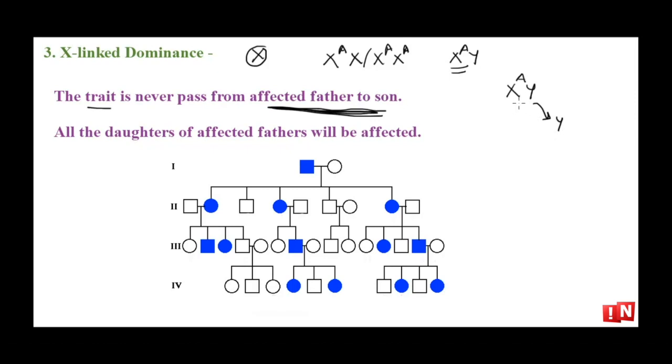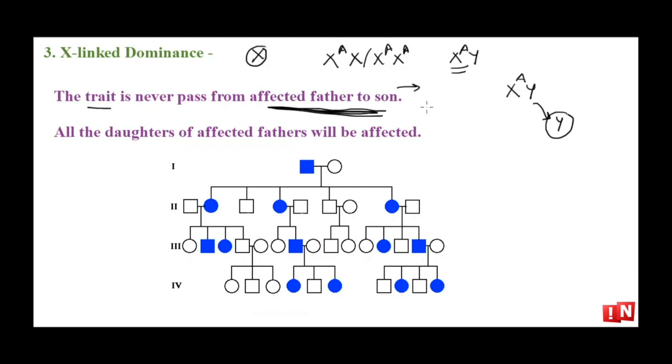So since he gives only the Y chromosome to the son, the X comes from the mother. If the mother is unaffected, the son will be unaffected. So it is a very peculiar characteristic of X-linked, whether dominant or recessive: an affected father will never pass on the trait to the son.